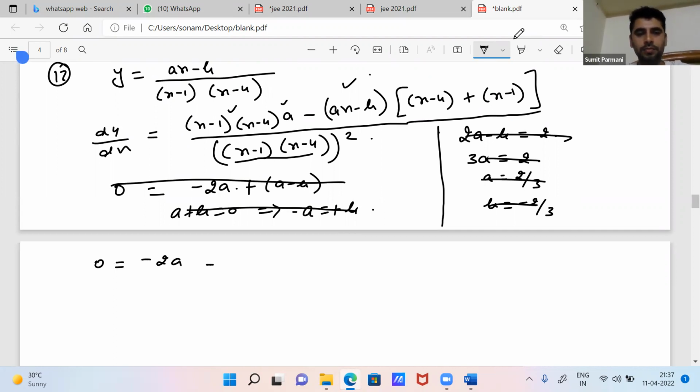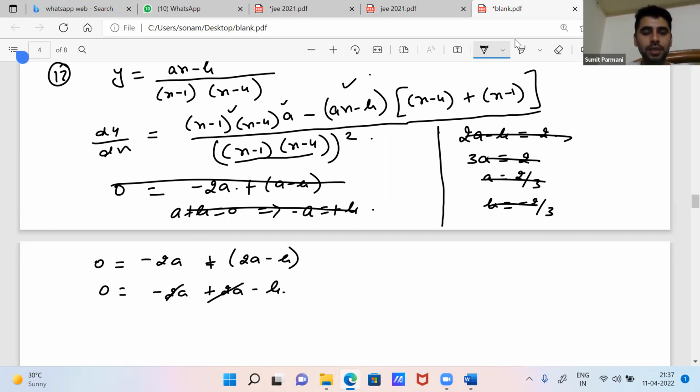This is fine. Minus, this time, this is 2a minus b. This is not a minus b. Here this is minus 2, correct. Here this is 1, correct. Minus 2 plus 1, minus 1, minus minus plus. Okay, this is correct. So 0 equals minus 2a plus 2a minus b.